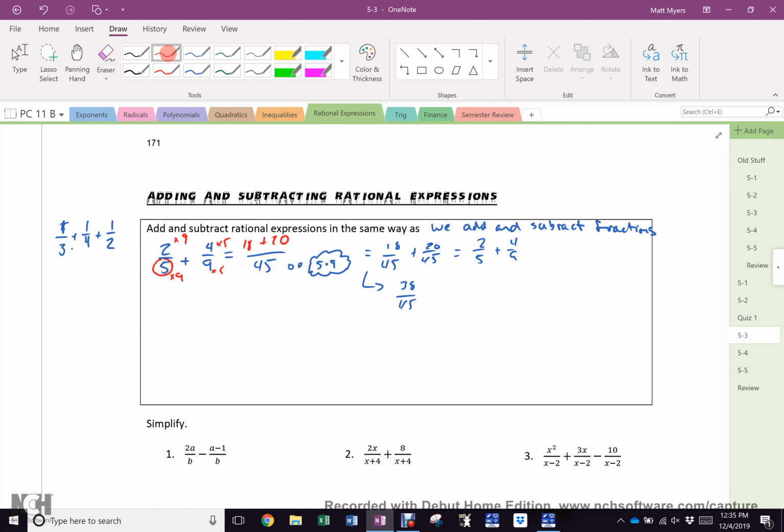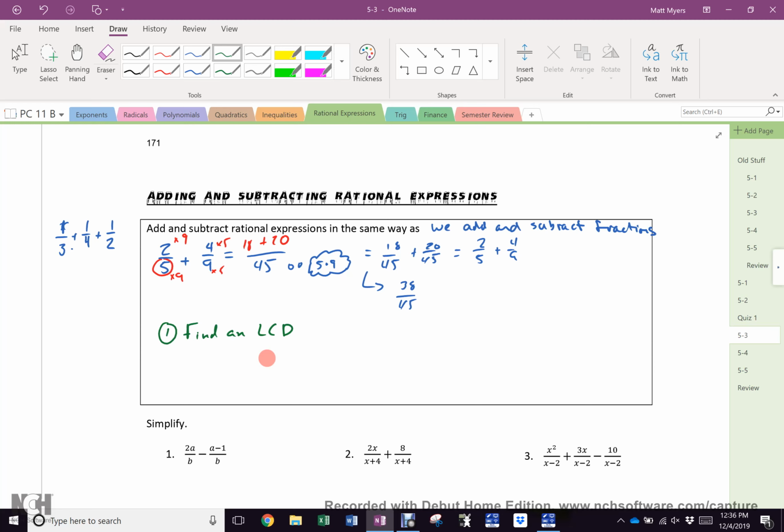So, we still find an LCD. Now, again, does it have to necessarily be the lowest common denominator? Or can we get it done with any common denominator? We can get it done with any common denominator, yes?